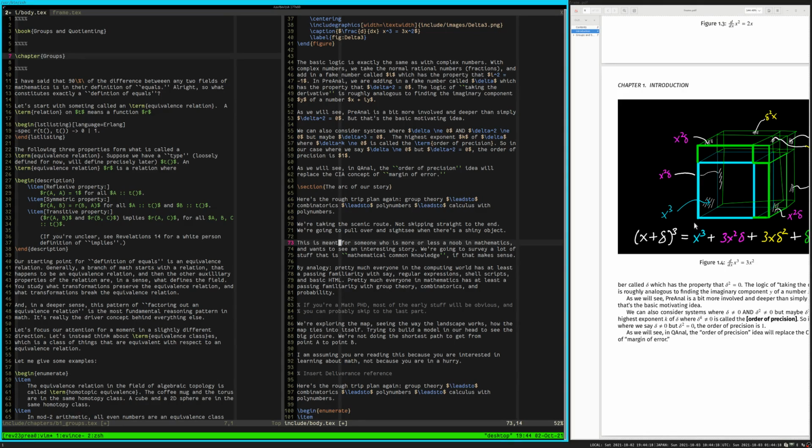By analogy, pretty much everyone in mathematics has at least a passing familiarity with group theory, combinatorics, probability, electromagnetism, and linear algebra.